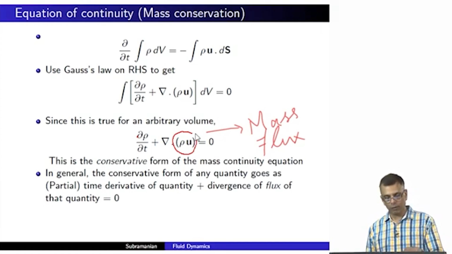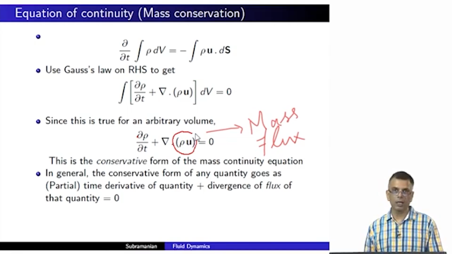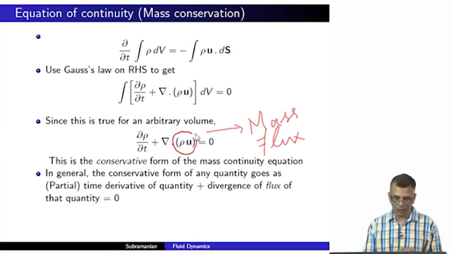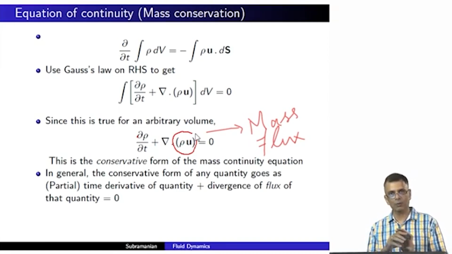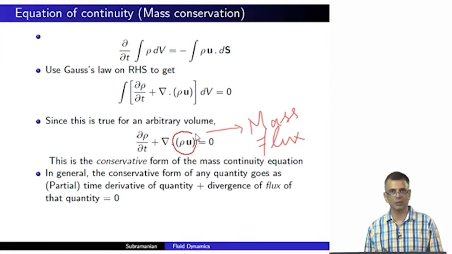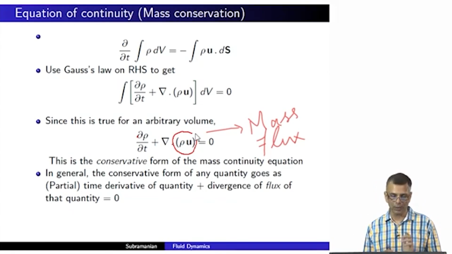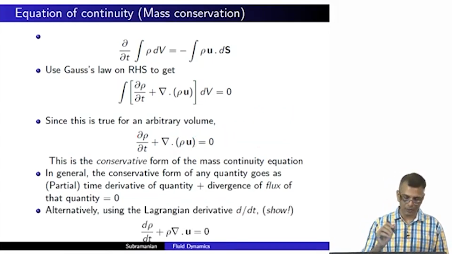We will return to this conservative form for the momentum continuity equation as well. It's a little more complicated, but the concept is the same. So there you have it. That's the equation of mass conservation, and we are done with the first of the conservation equations that we promised we would look into. So let's go ahead.